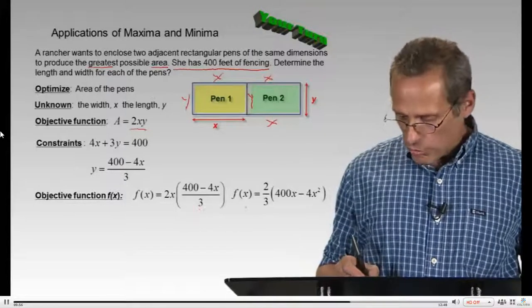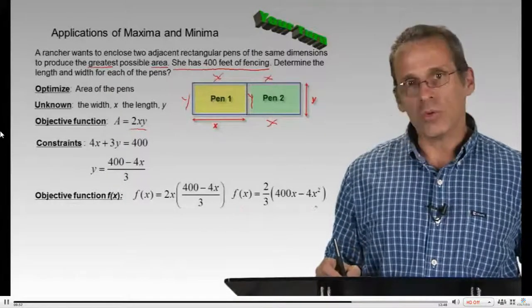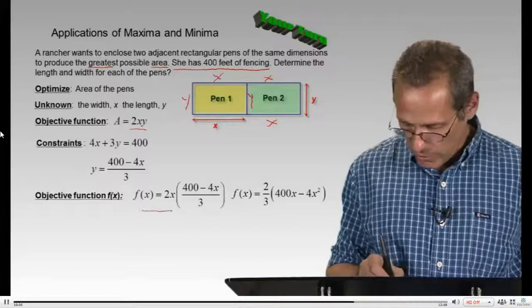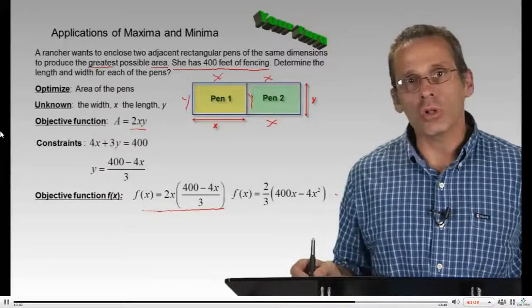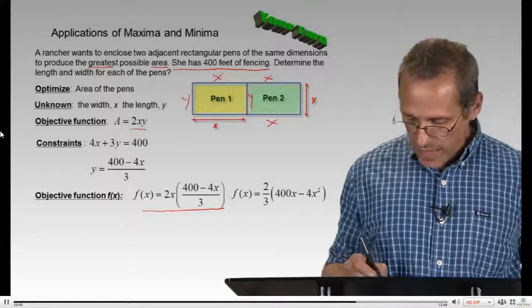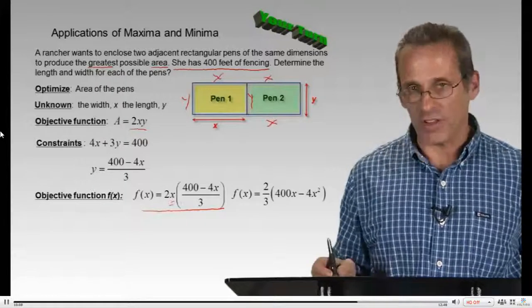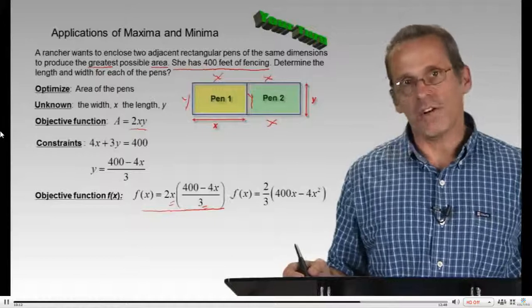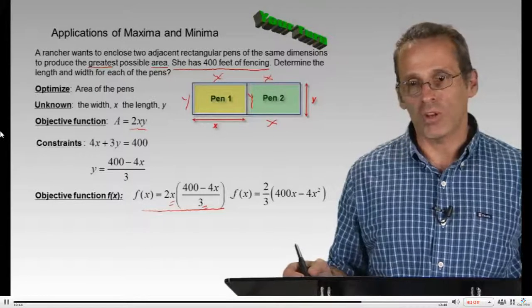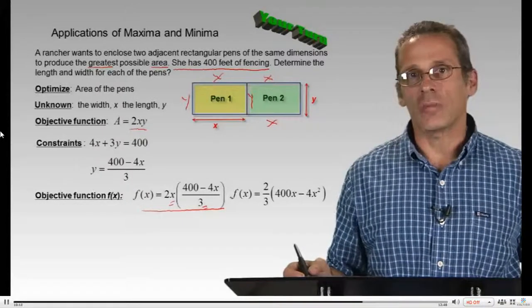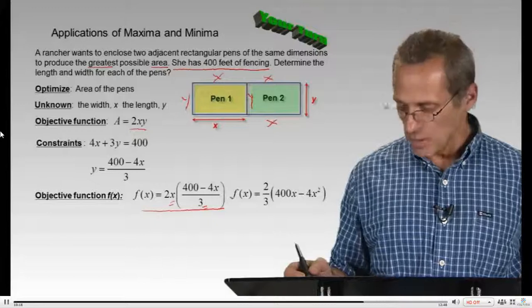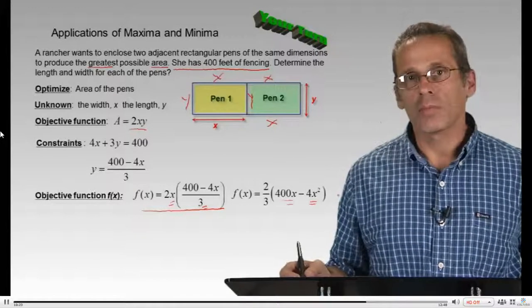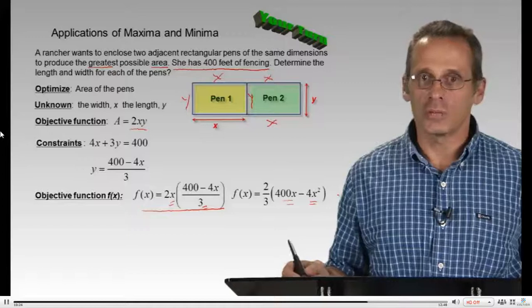So we'll take a moment to rewrite our function so that it's more amenable to differentiation. This first version would require the product rule. But if I distribute the x through the parentheses and factor out the 1/3, and rewrite the function as 2/3 times the quantity 400x minus 4x squared, I can now differentiate each term, thus avoiding the product rule.